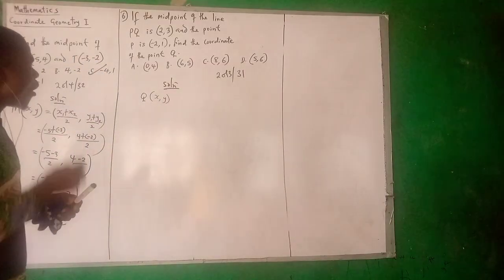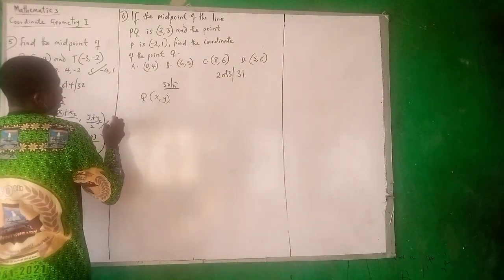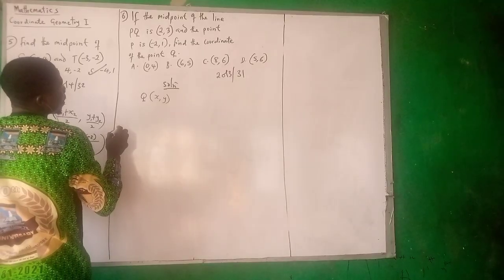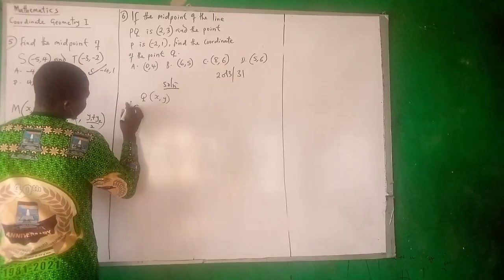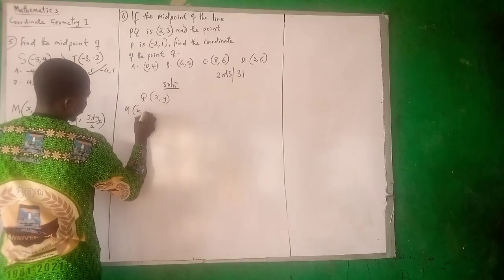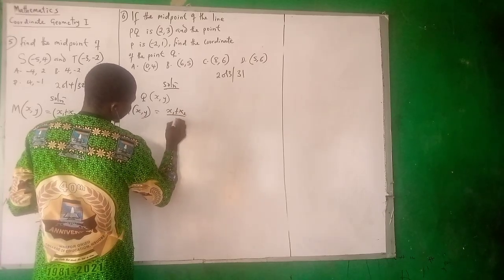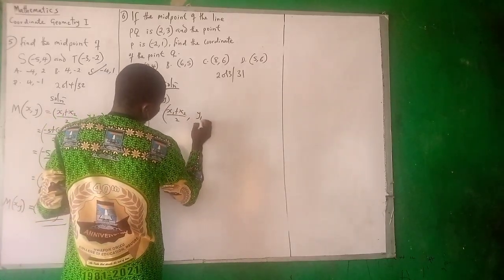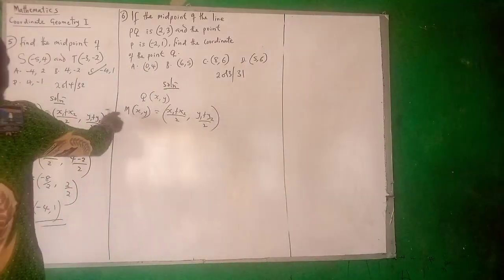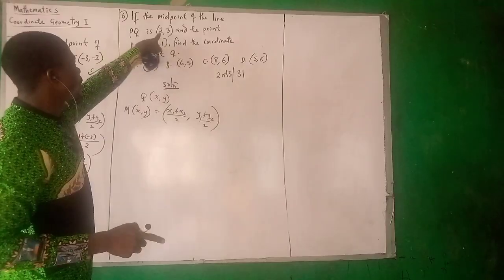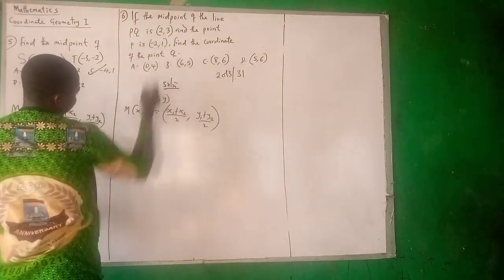Now applying the formula for midpoint coordinates, we have that midpoint coordinates, which the formula is M of x, y equal to x1 plus x2 over 2, y1 plus y2 over 2. Now, but my midpoint coordinate, according to the question, is what? Is this, right? So I'm going to substitute everything here using this bracket.